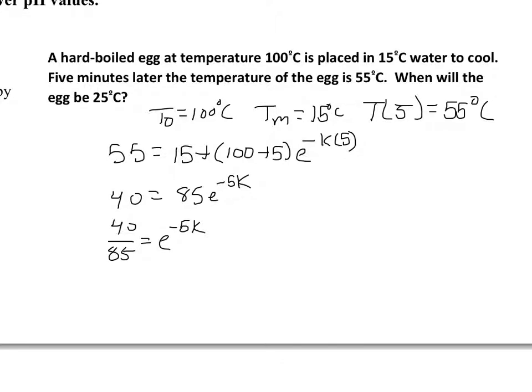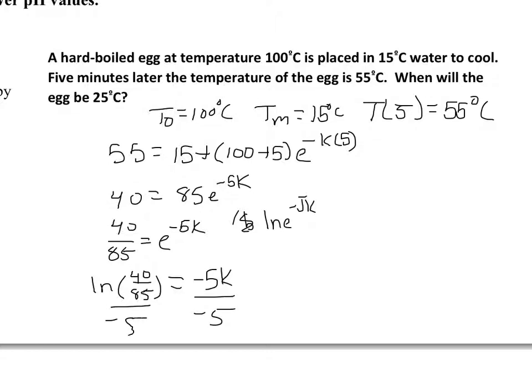Take the natural log of both sides, so you get the natural log of 40 over 85 equals negative 5k, because the natural log of e to the negative 5k brings the exponent down, and the natural log of e is 1. Divide that by negative 5, and you get k is approximately 0.151.